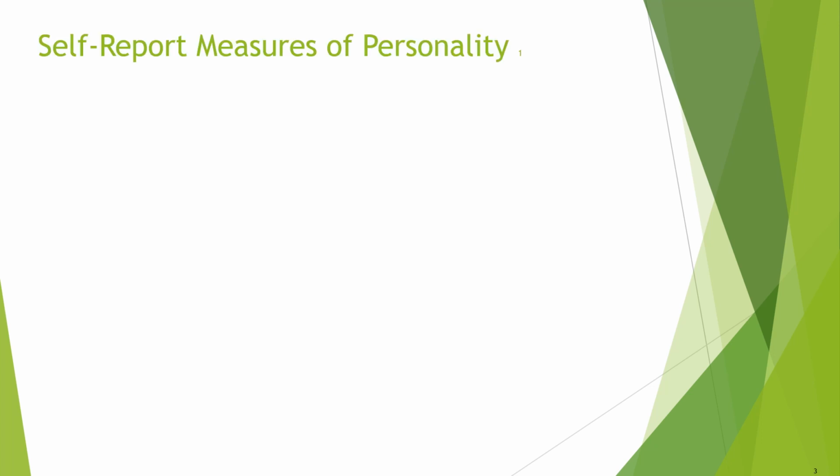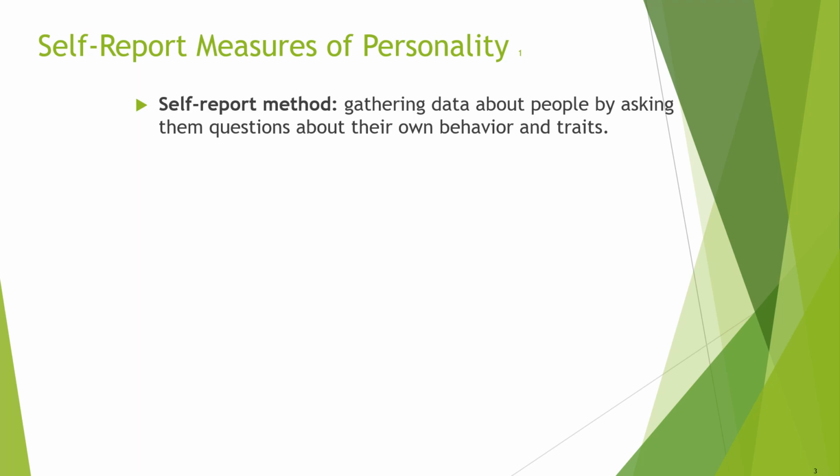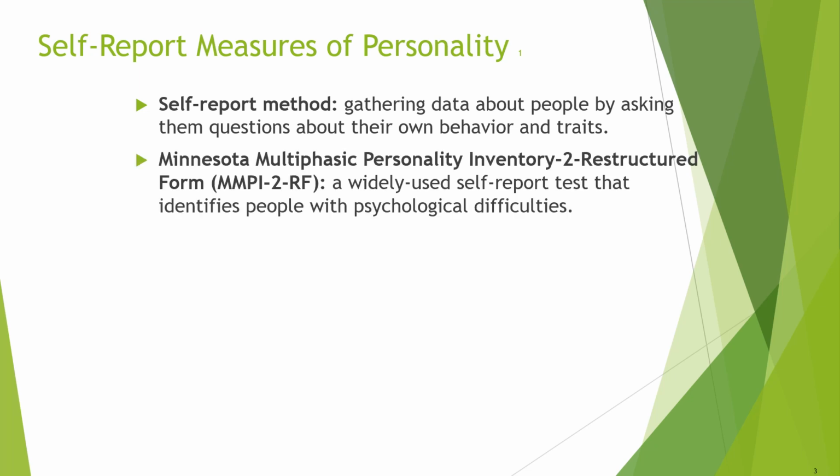So we want to first look at self-report measures of personality. The self-report measure is where you gather data about people by asking them questions about their own behavior and traits. One of the most well-known personality tests, which are self-measurable, is the MMPI-2RF, which is the Minnesota Multiphasic Personality Inventory 2 Restructured Form.